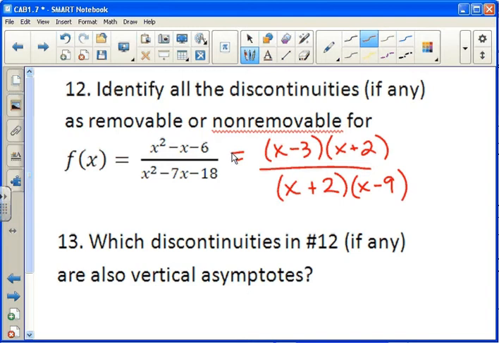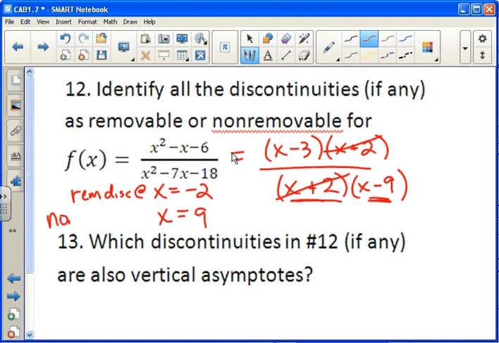One is going to be at negative 2 because of this right here, and one is going to be at positive 9 because of this right here. Now the negative 2 is going to be removable because it can be canceled out. So we have a removable discontinuity at negative 2. 9, however, cannot be canceled out, so it is a non-removable discontinuity.